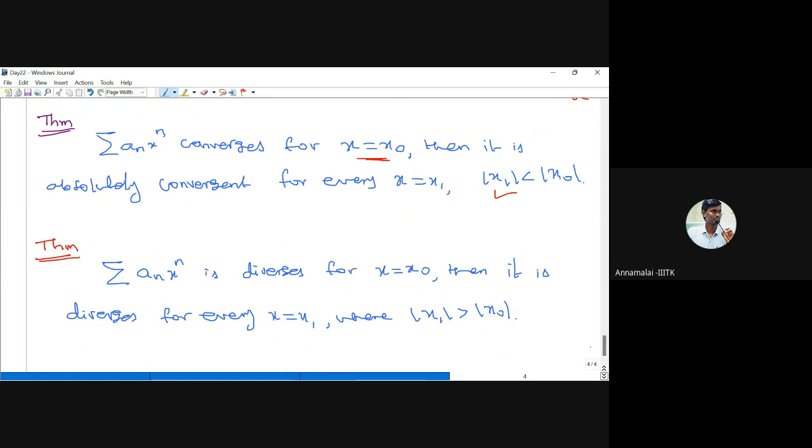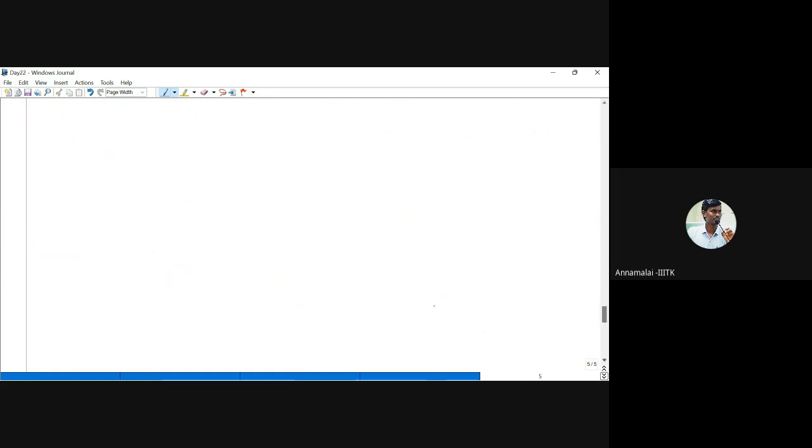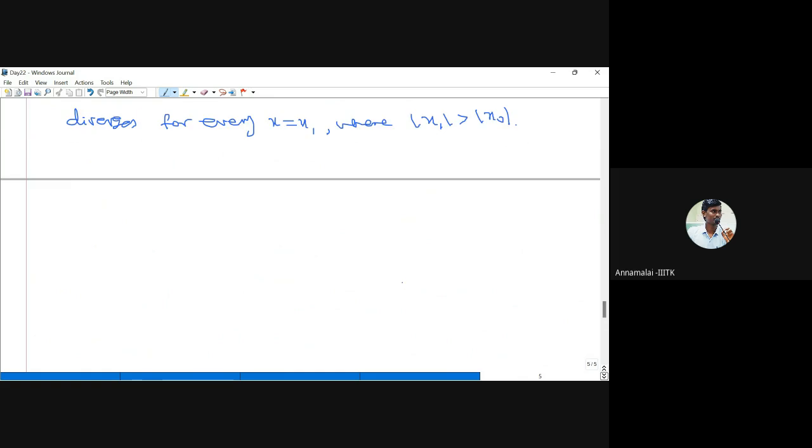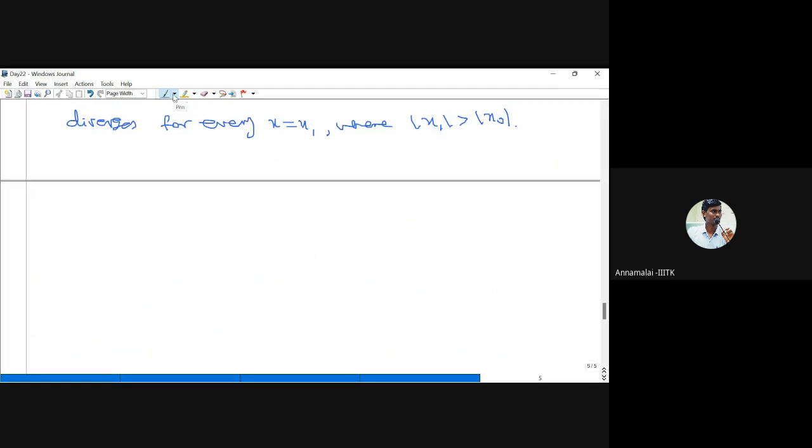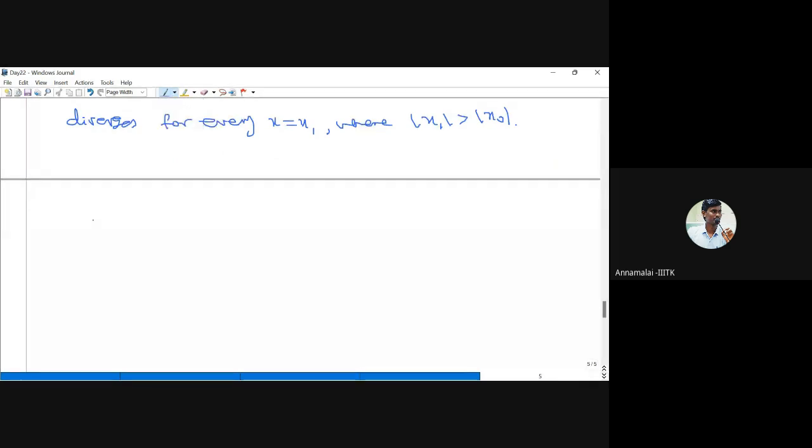Another important theorem is that you have to merge these two. The series is absolutely convergent for all points within the interval of convergence. Once you know the open interval of convergence, minus r comma plus r, the series is absolutely convergent within that interval.